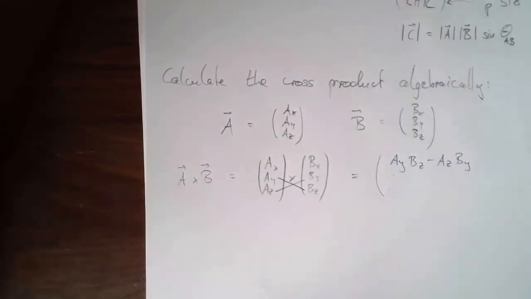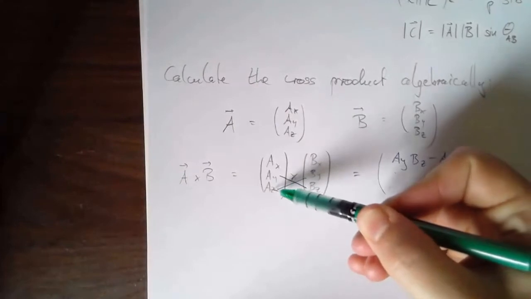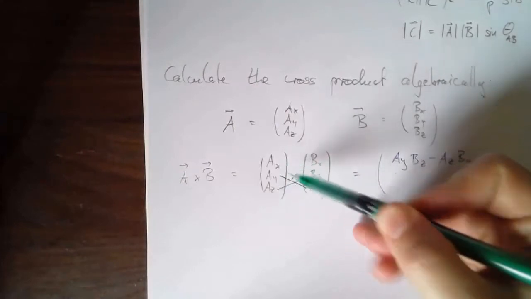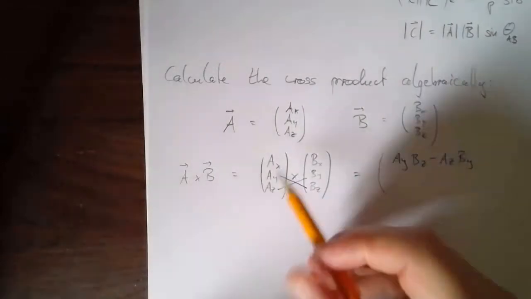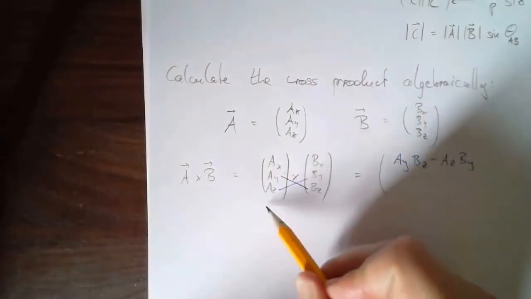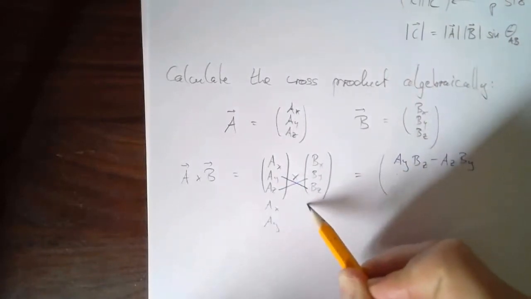Now, for the Y component of this, I want to go AZ BX minus AX BZ. One trick to not get confused which way around it is, is that you repeat the components again down here. I'm just going to write the same values again.